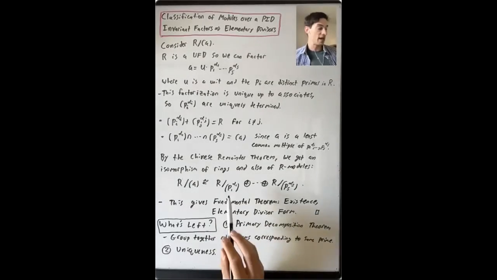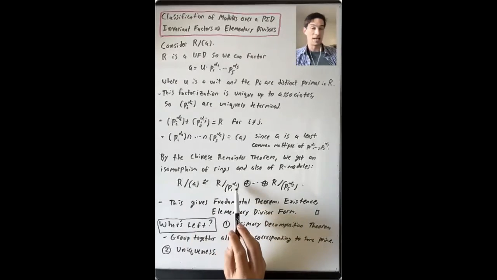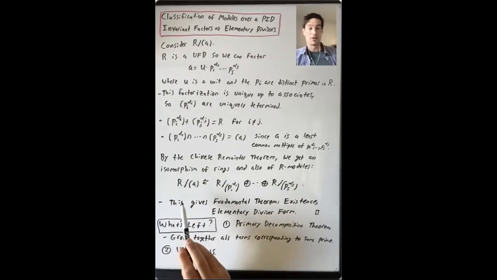You just group together all of the pieces in this decomposition that correspond to the same prime P. So in these different invariant factors, you might see the same prime appearing once for the factor A1, once for the factor A2.